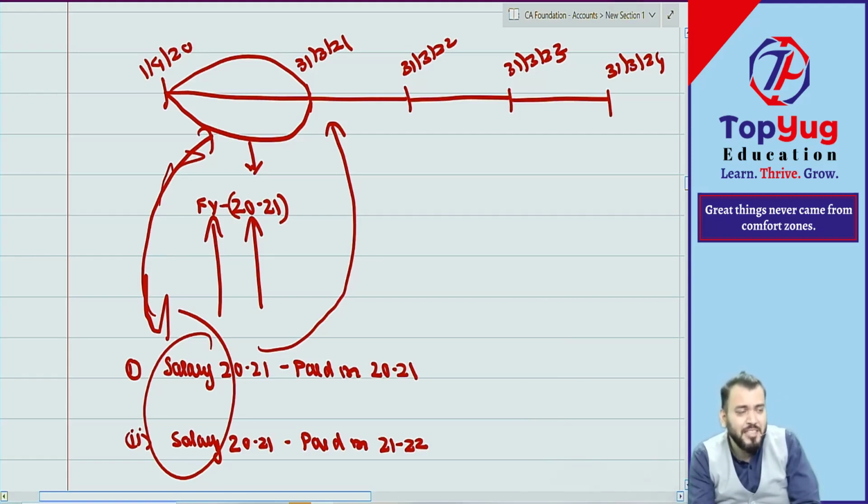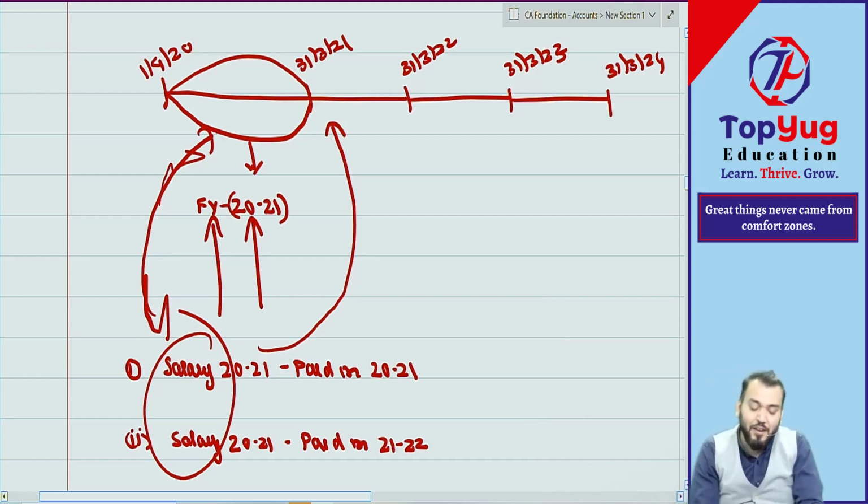As per this concept, all income of this year will be recorded in this year. All expense of this year will be recorded in this year. Any doubt about this?